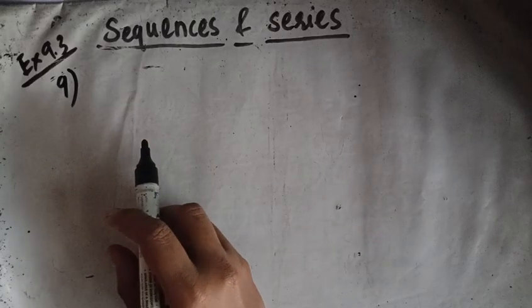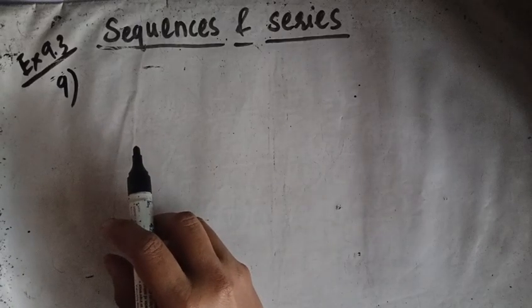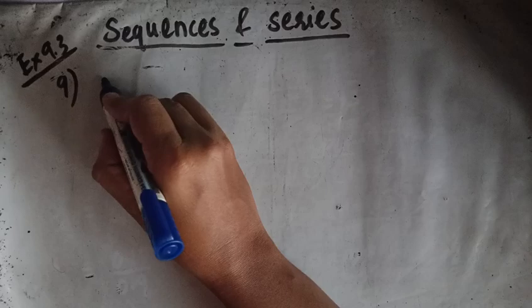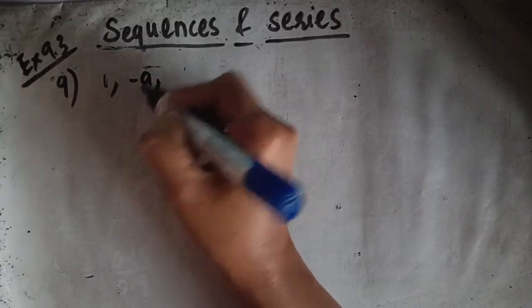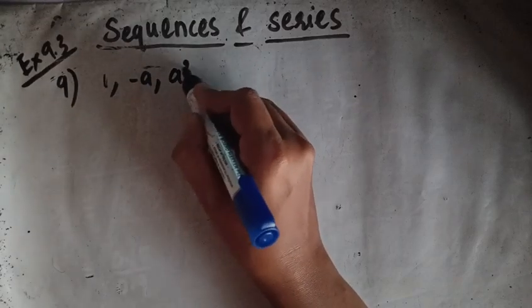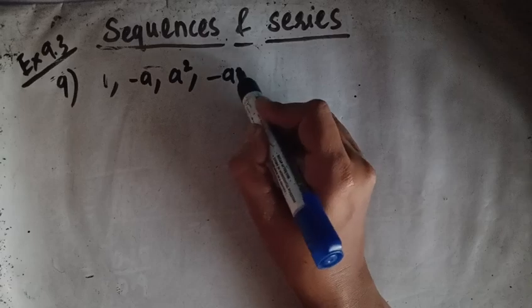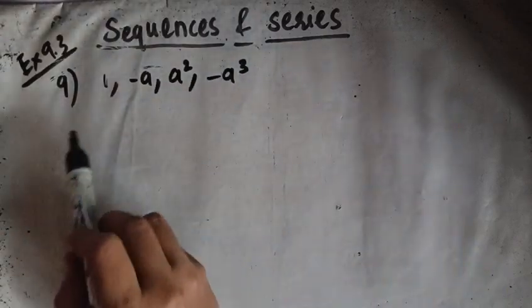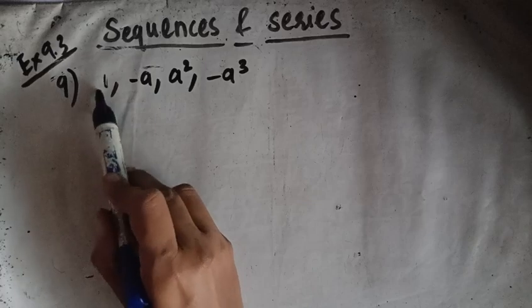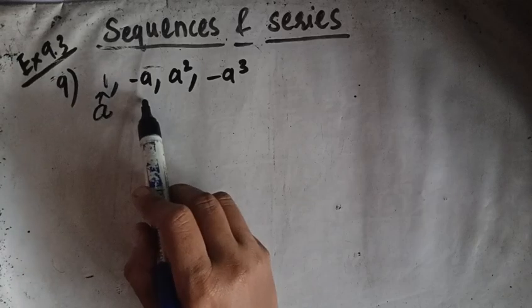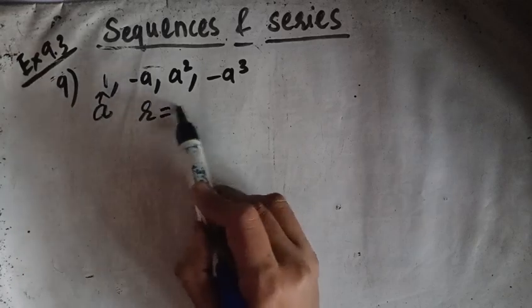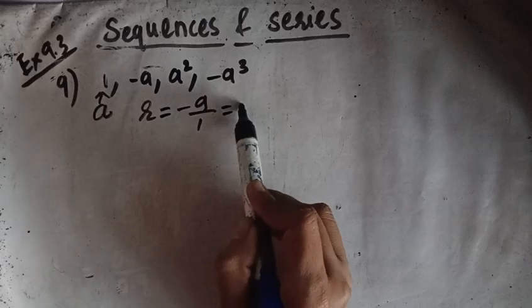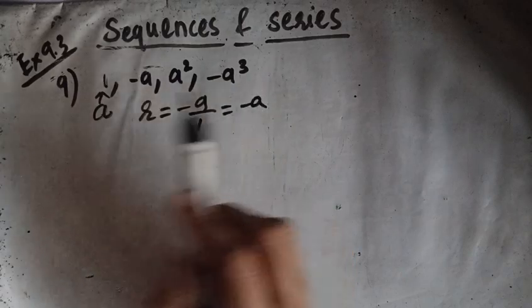Question 9. Find the sum to n terms in the geometric progression 1, minus a, a square, minus a cube, if a is not equal to minus 1. So this is your a, first term, and r is minus a upon 1, so minus a.